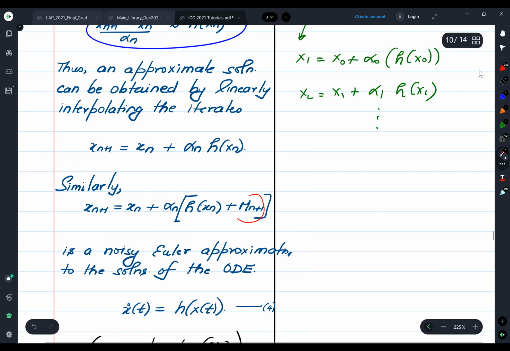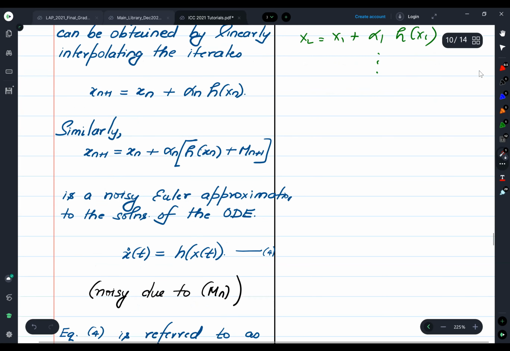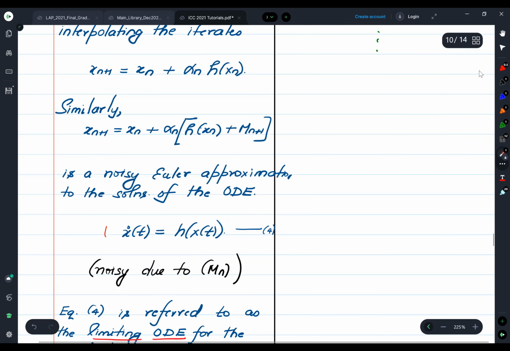Because of this, we can view any stochastic approximation algorithm as a noisy Euler approximation to the solutions of this ODE. Whatever h you have in the update rule for your stochastic approximation algorithm, that same h you use in defining this limiting ODE.